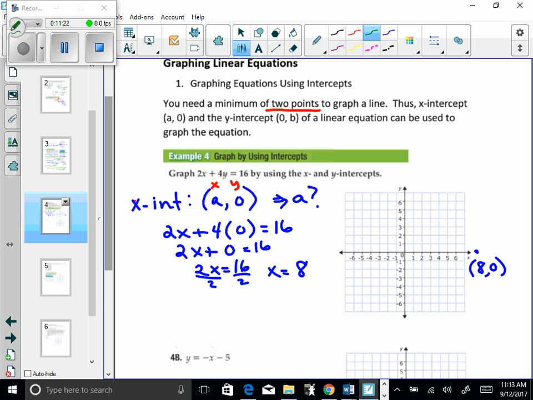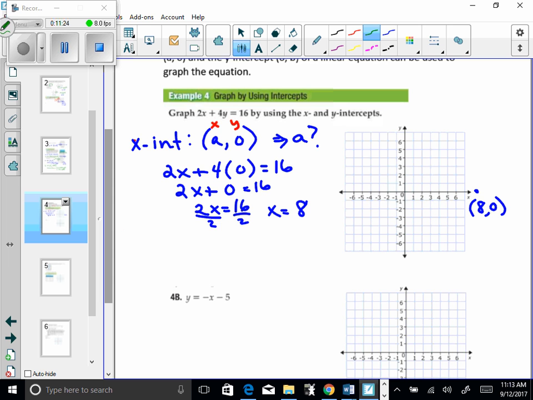And then I'm going to do this just kind of the opposite for the y-intercept. The y-intercept is at point 0, b, which tells me that the x-coordinate is 0 and the y-coordinate is the thing that we need to find. So what is b? And that's where we're going to graph a point on the y-axis.